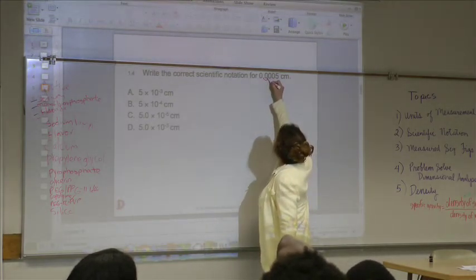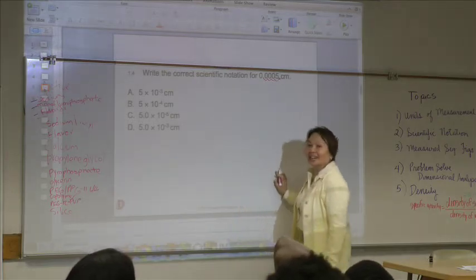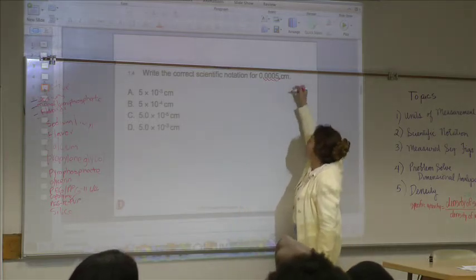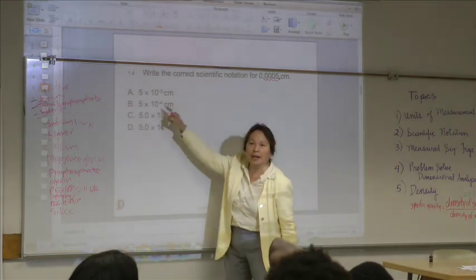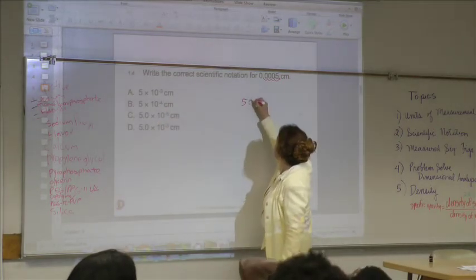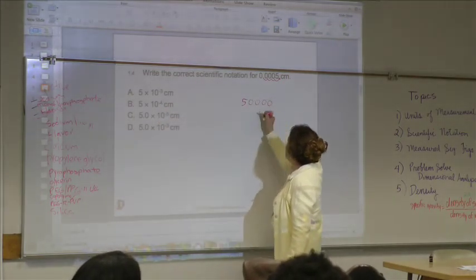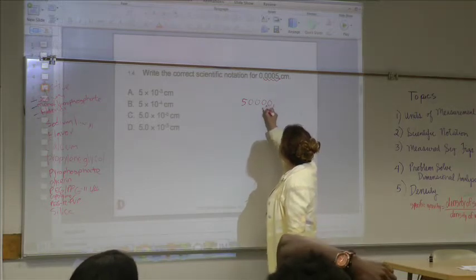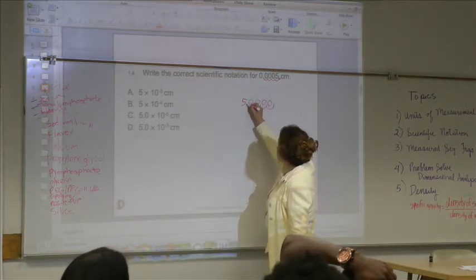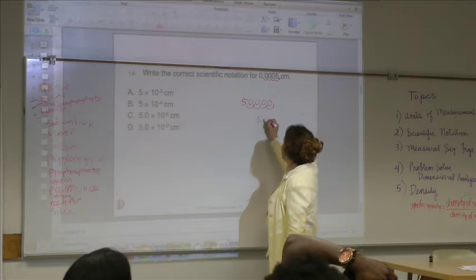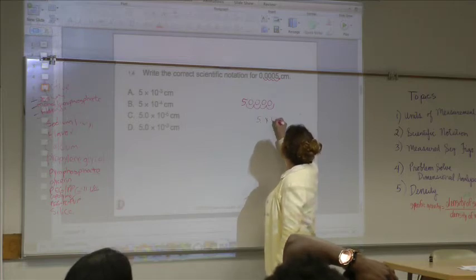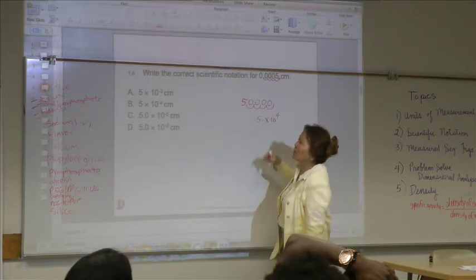I just count the zeros, that's all, so therefore it's times 10 to the minus 4. But if it is 1, 2, 3, 4, 5, what would it be? 1, 2, 3, 4. So it's 5 times 10 to the 4th. Very good.